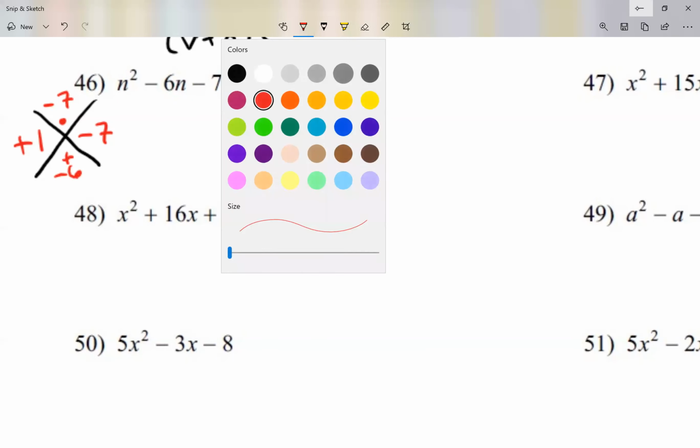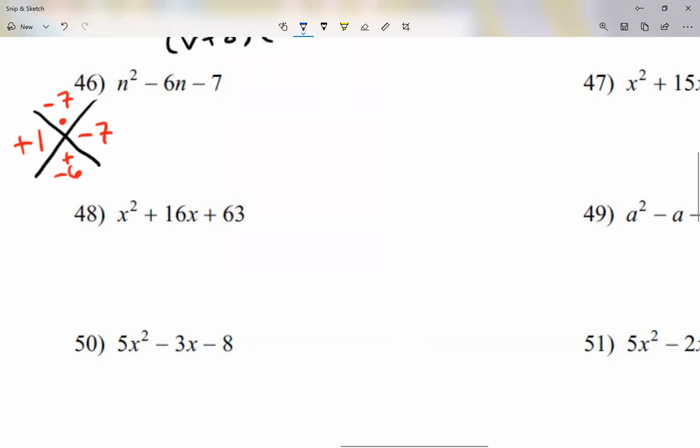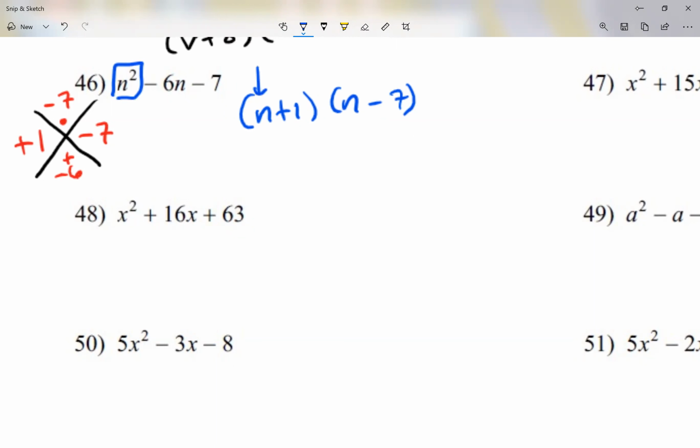Now my parentheses, my answer here, I'm going to go n plus 1 and n minus 7. Now, because the initial one was n to the second, I'm going to write it as n to the 1. I just did the half of it. So if my first exponent was n to the 6, as an example, my parentheses, I will start with n to the 3rd.